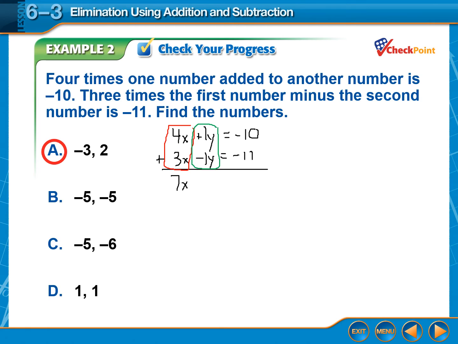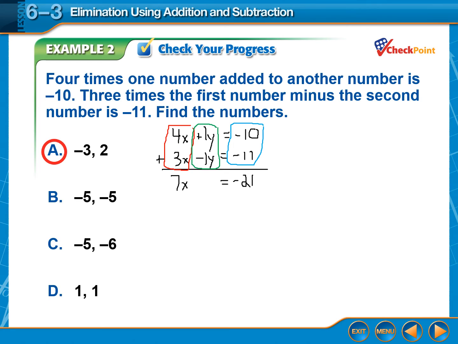And then on the other side, we're left with negative 10 and negative 11. So if I combine negative 10 with negative 11, I get negative 21. Okay. Since they're both negatives, negative 10 and negative 11 together makes negative 21. So after I combine these two equations, I'm left with 7x is equal to negative 21.